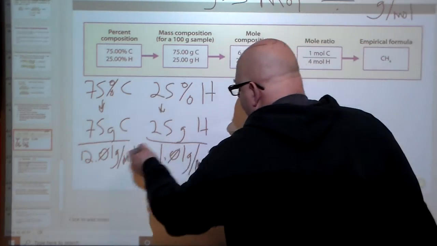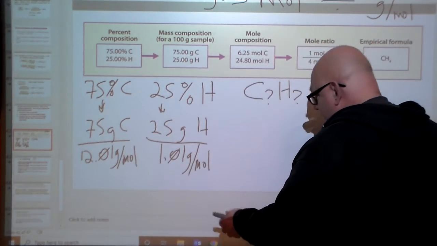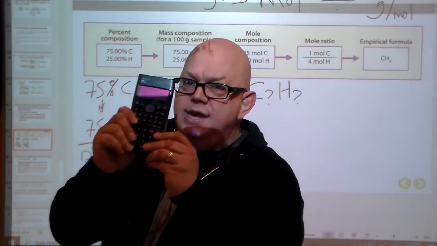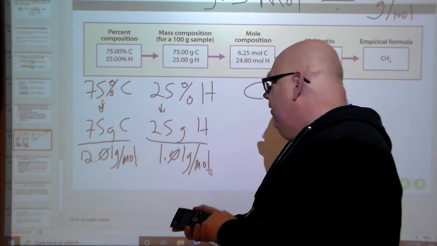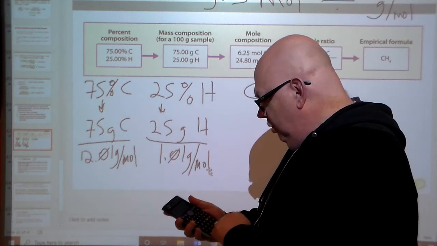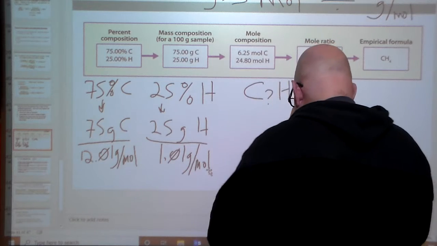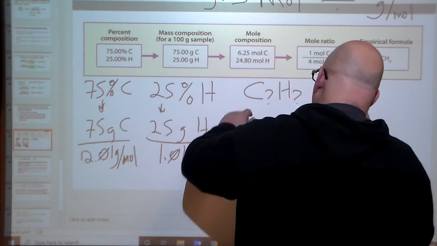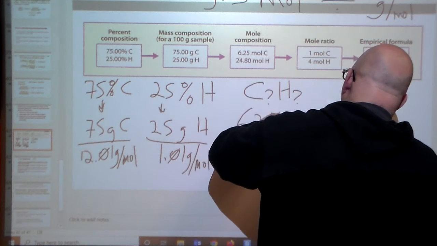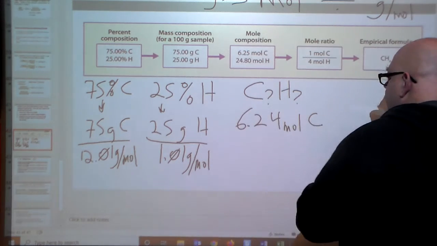Okay, so now we've got that. Let's figure out how many moles of carbon we have. So I'm going to take my handy dandy calculator right here and say 75 divided by 12.01, and I walk away with 6.244 moles. So I'm going to say 6.24 moles of carbon.